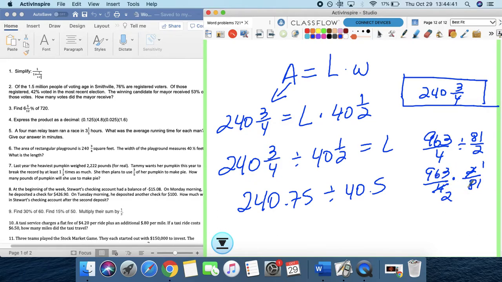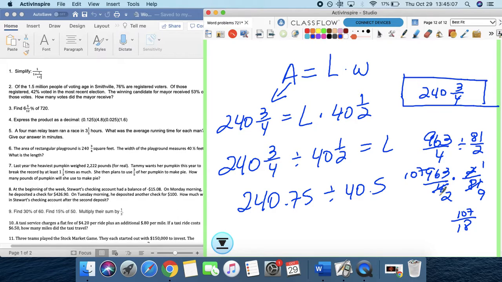963 and 81, they're both divisible by 9. 81 divided by 9 is 9. 963 divided by 9 is 107. So we get 107 over 18, and then we have to figure out, oh my god, maybe the decimal way is a little bit better.